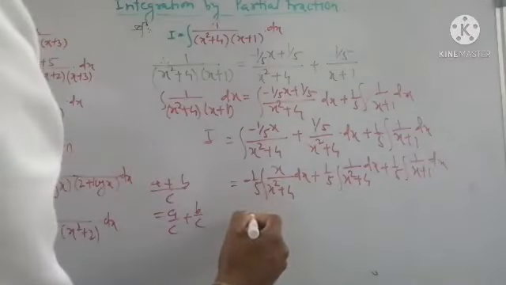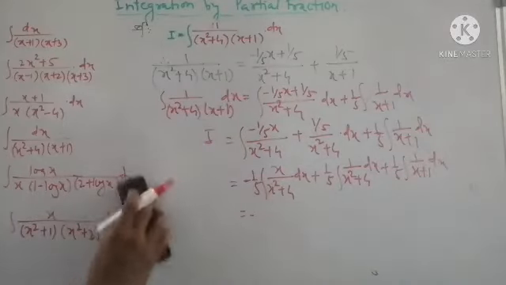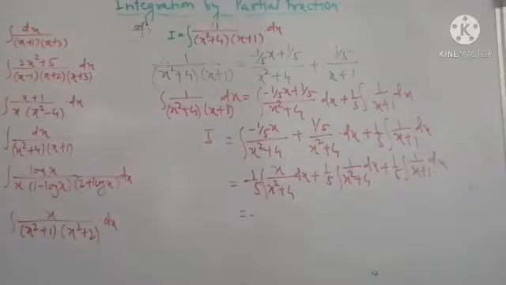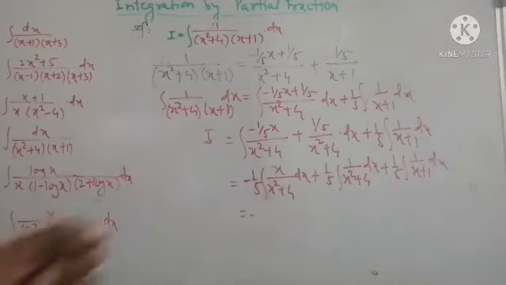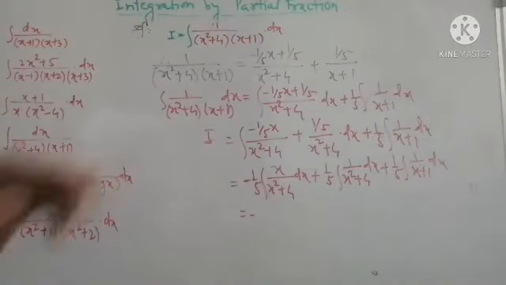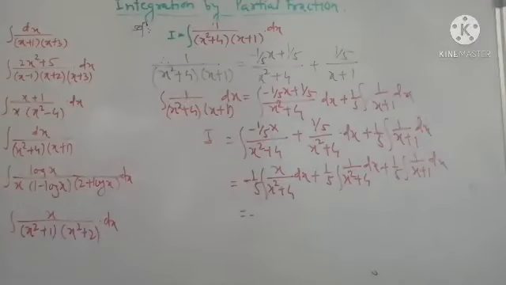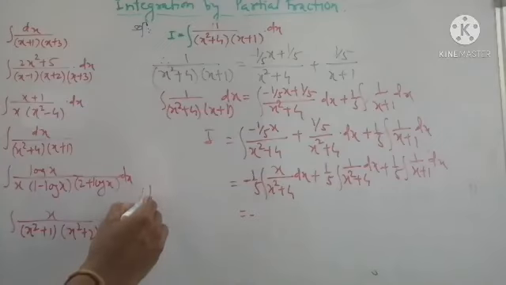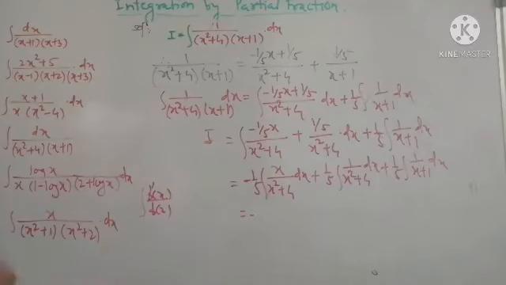Now next, as this is again a proper fraction, you can check the derivative of the denominator is 2x and in the numerator we have only x, so we can adjust 2 in the numerator so that we get the form of the integral f dash x upon f of x. That means the derivative of the denominator is in the numerator.